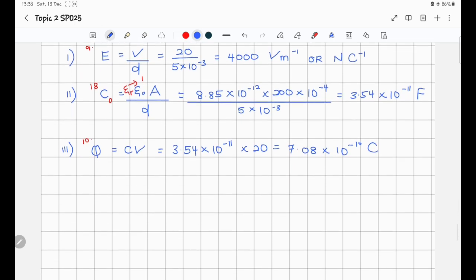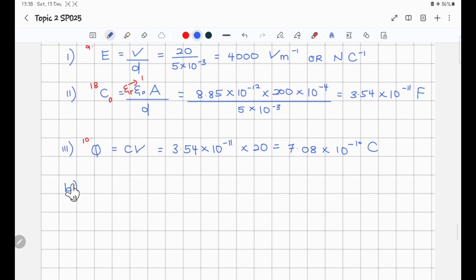Taking equation number 18, C equals epsilon naught A over d. Let's focus on C and d. C is inversely proportional to d. So the new capacitance that arises due to the change in distance will be a ratio of this.